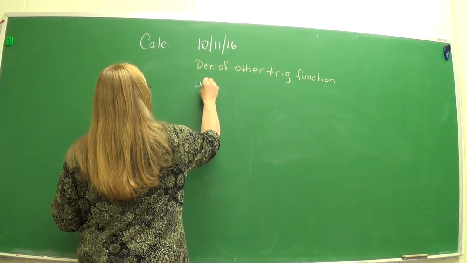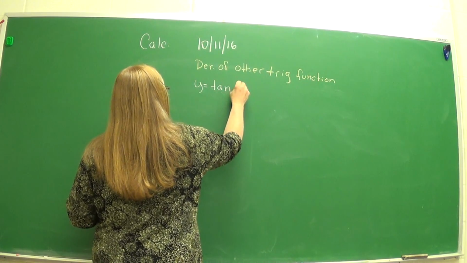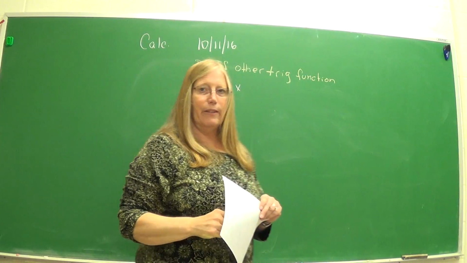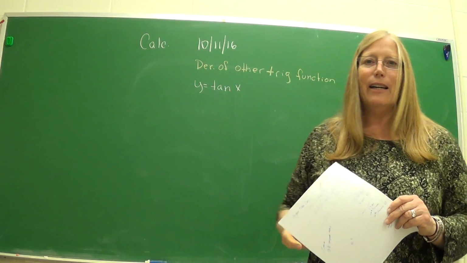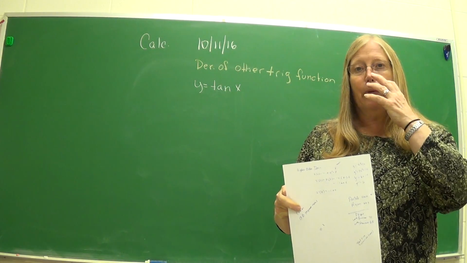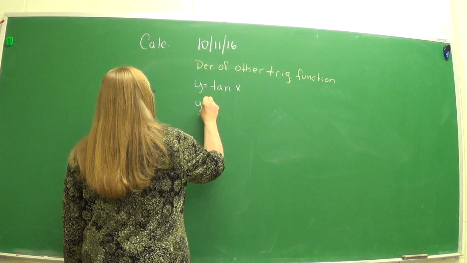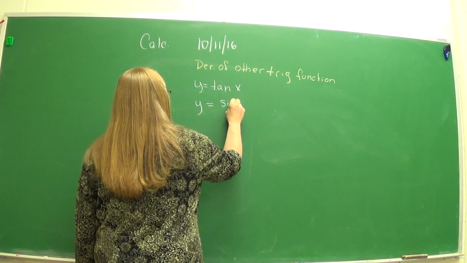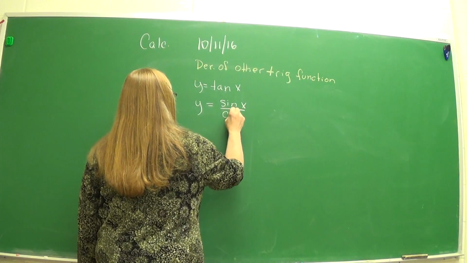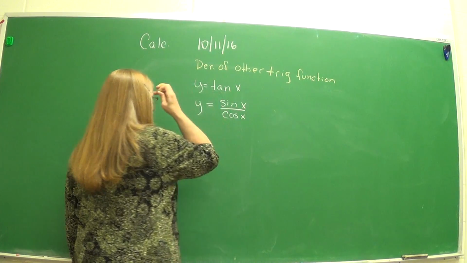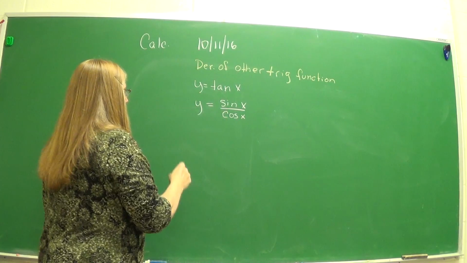Say y equals tangent x. Were you wondering what the derivative of tangent x was? Well, now that you've had the quotient rule, you can find out. First of all, we'll redefine y as a quotient. Our old friend, tangent, is sine over cosine.